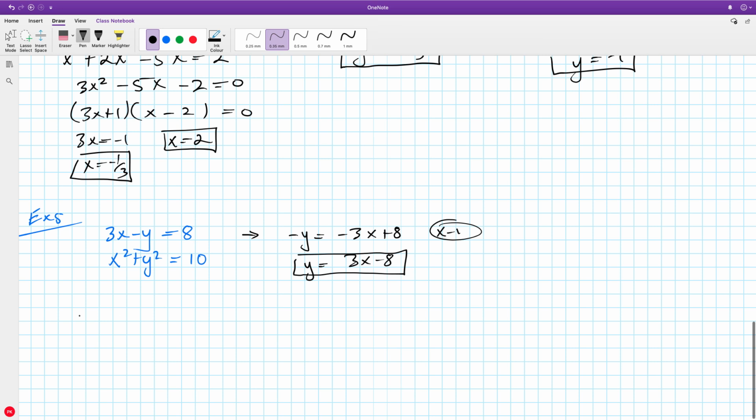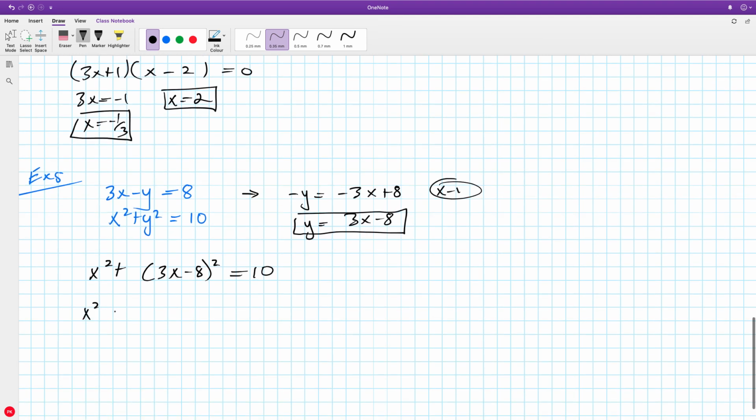Right, sub back into our second one then. X squared plus (3x minus 8) squared is equal to 10. What's the quick way for squaring out brackets? Did we do the quick way last time?